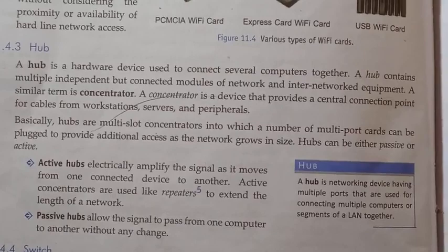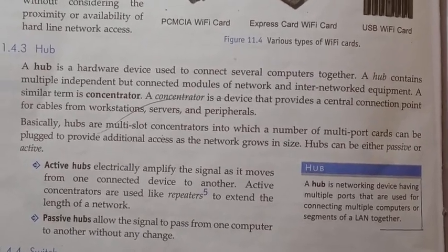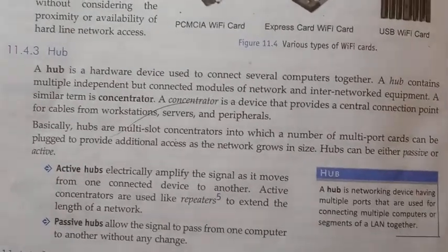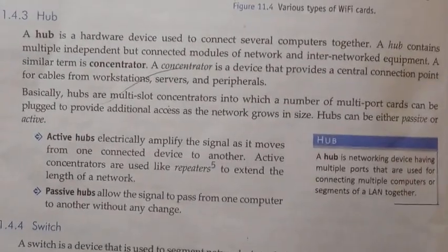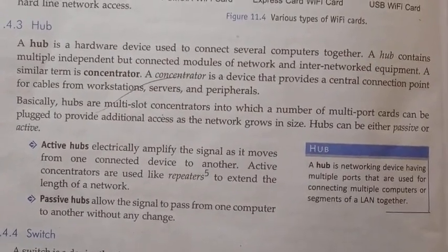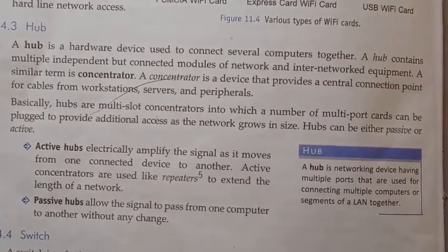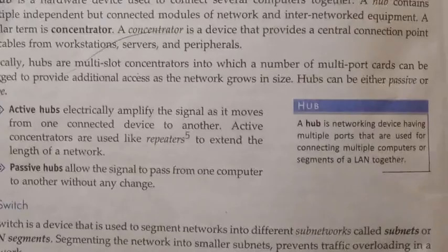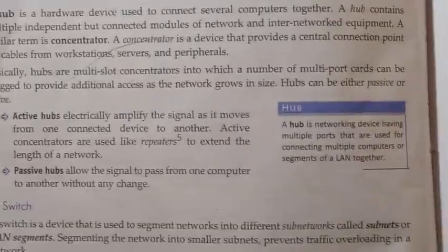Basically a hub is a multi-slot concentrator into which a number of multi-port cards fit, which means that a hub contains more than one port. A port is nothing but a hole to which we need to connect all the devices in a network.